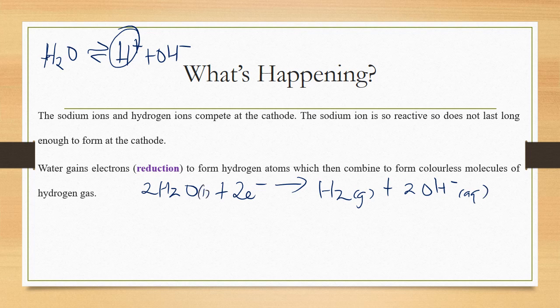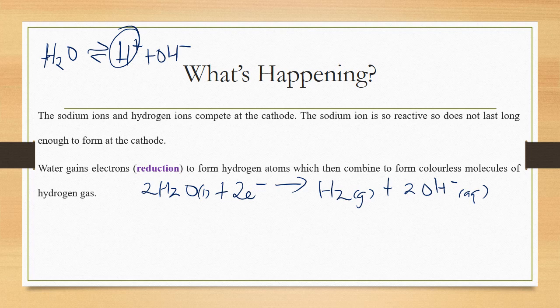That's another way of possibly approaching it. You can then see more easily why a solution of sodium chloride becomes very alkaline, because you're producing a large number of hydroxides.